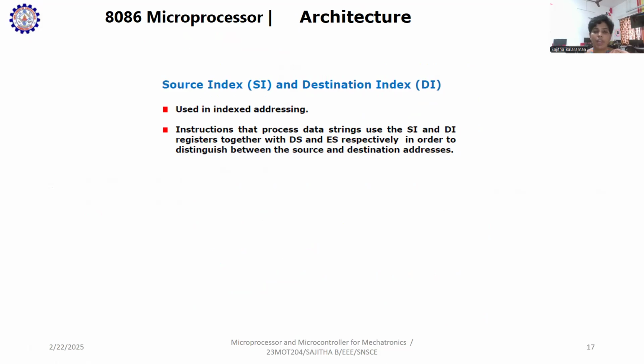A flag register is a 16-bit register that consists of 9 active bits, and the remaining 7 bits are don't care. The flag register consists of bits like carry flag, auxiliary flag, parity flag, etc. They are all used to give the condition of the instructions.